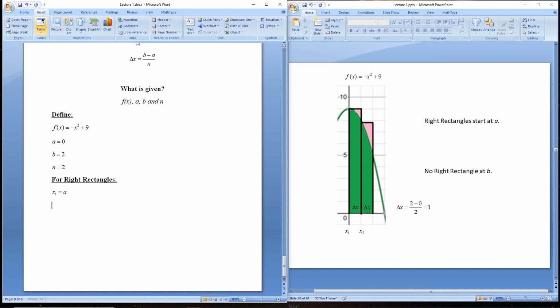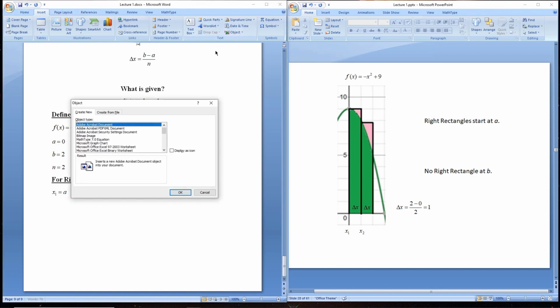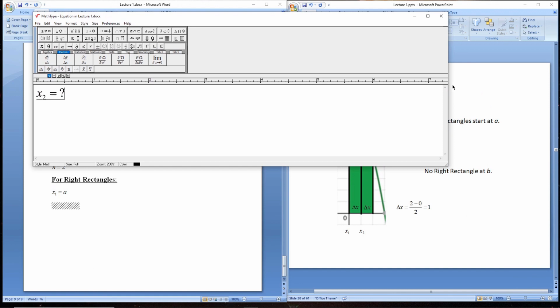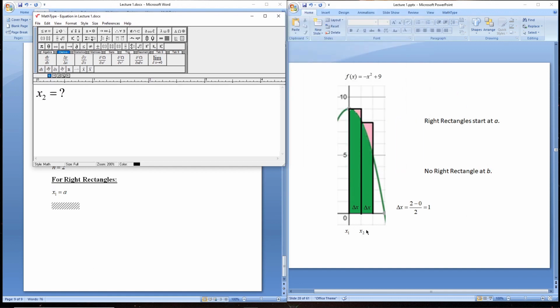So the question is then, if we have x1, what would x2 be, our next increment over? We want to know, what is x2? If we go back and look at our graph here, x2 is delta x away from x1. So we can say that x2 is going to be x sub 1, our starting point, plus delta x.